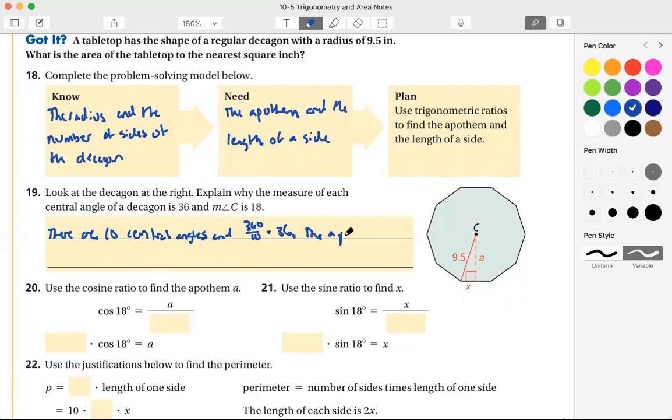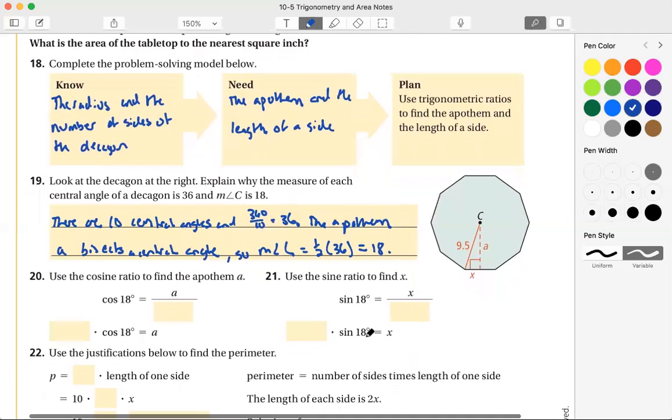The apothem A bisects a central angle. So the measure of angle C equals 1/2 of 36, which equals 18.